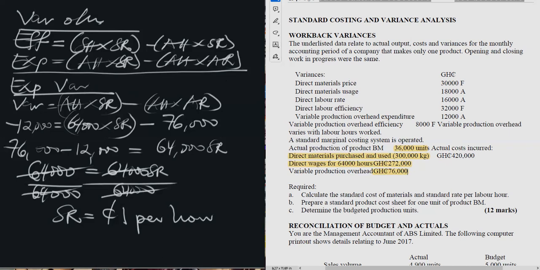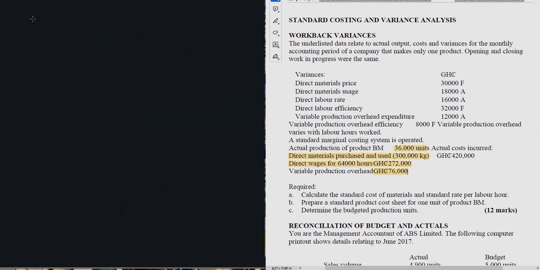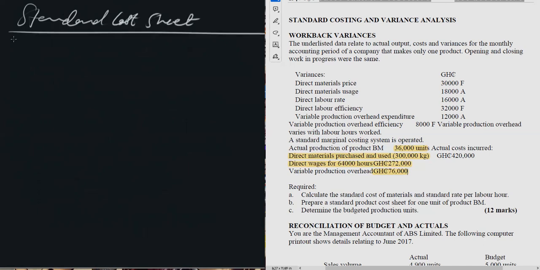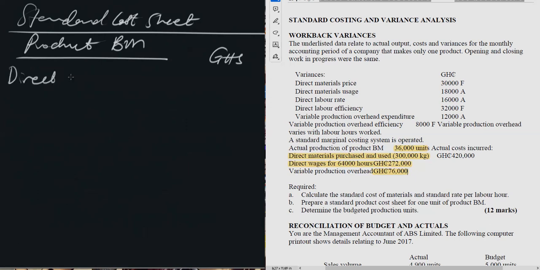So let's see, standard cost sheet for 1 unit of product BM. Okay. So in that case, what then do we have? We know that we have direct material.